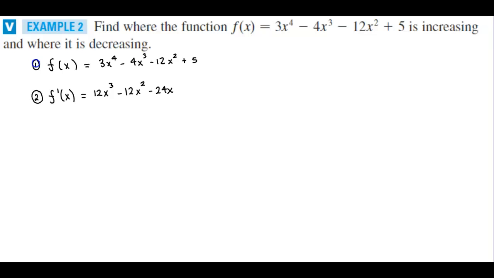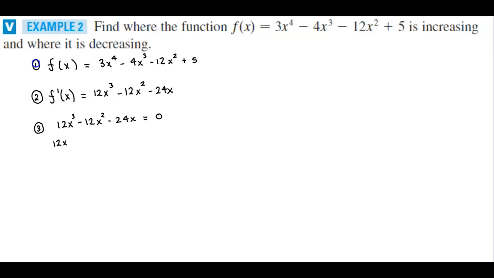Okay, so now the next thing we want to do is set this derivative function, 12x cubed minus 12x squared minus 24x, equal to 0. So the first thing we can do is factor out the 12x.